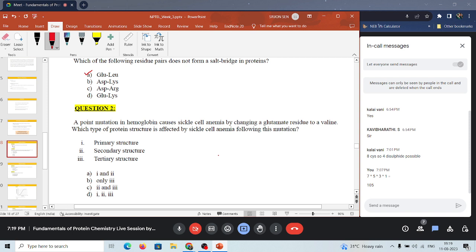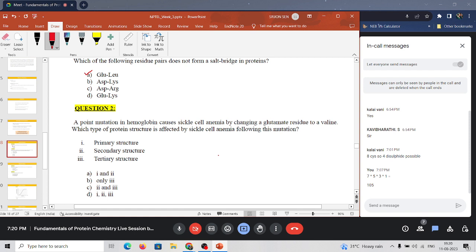So if you see that glutamic acid is a negatively charged amino acid and it is getting converted to a hydrophobic residue, what type of interactions can it hamper? It will affect the ionic interactions, because of which your secondary structures are actually getting formed. Also your tertiary structures would form because of hydrophobic interaction, the alpha helices, the beta sheets. Beta sheets are because of the hydrogen bonds, but look at the ionic bonds which are formed in the alpha helix, so the secondary structure is affected.